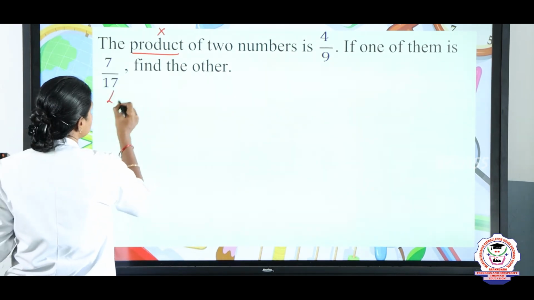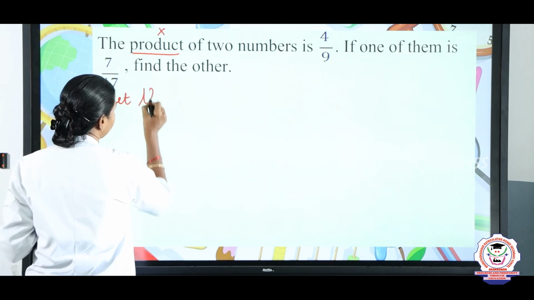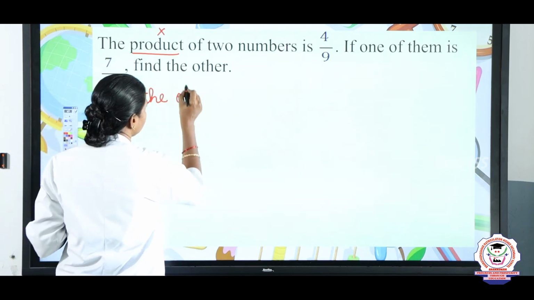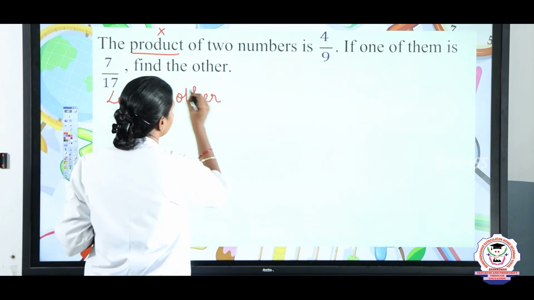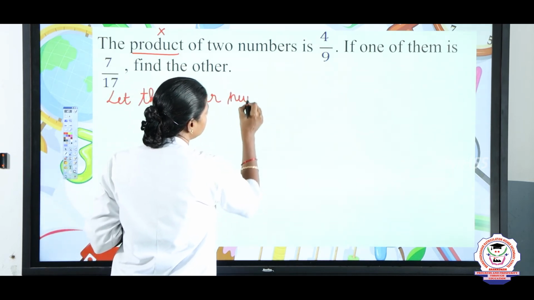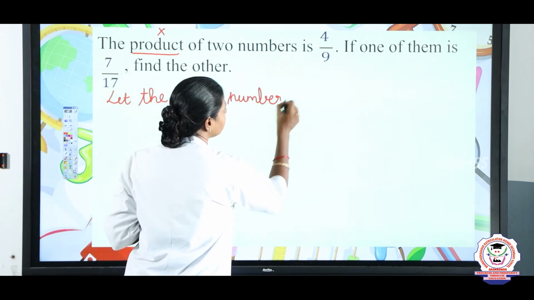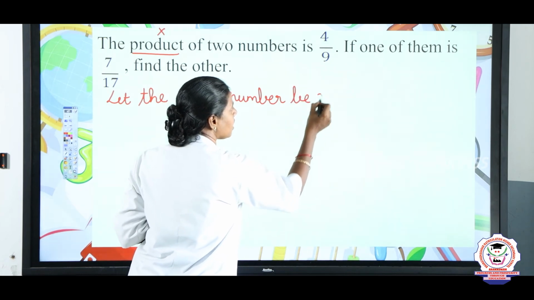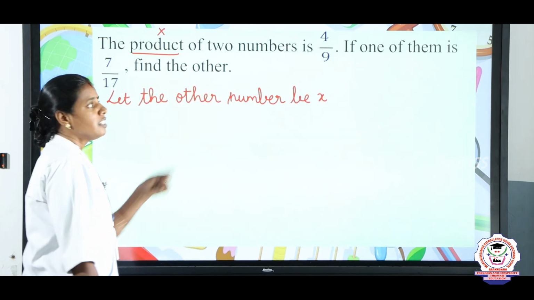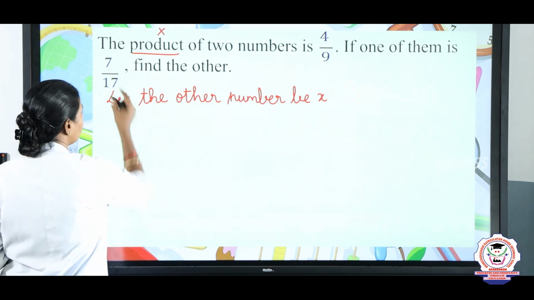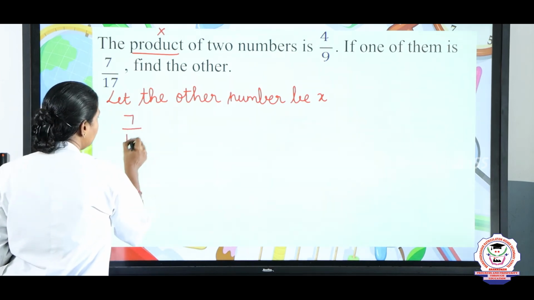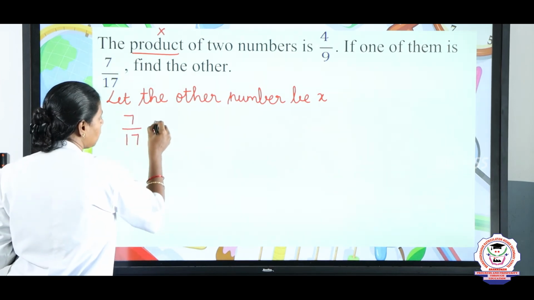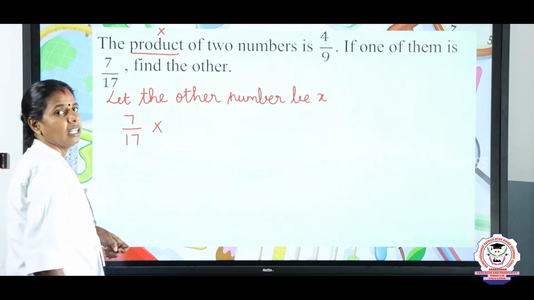So, first we will consider, let the other number be x. Okay. So, first we will take one of the numbers as 7 by 17. Product means multiplication.